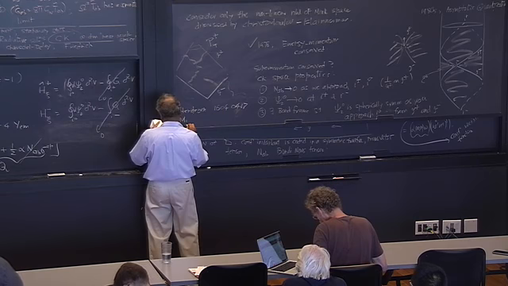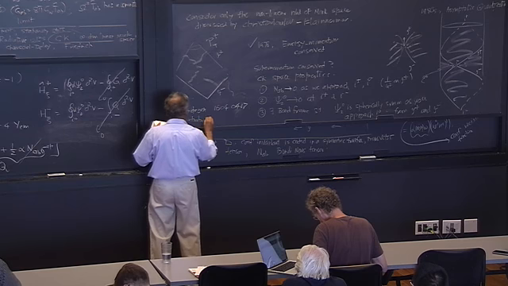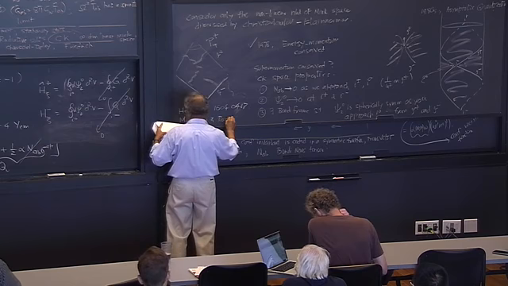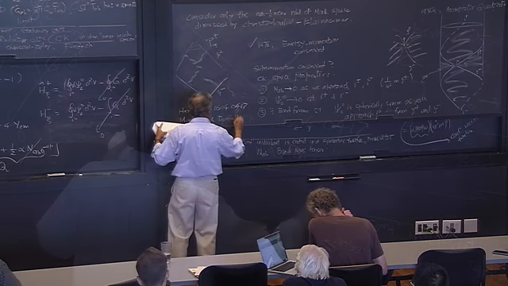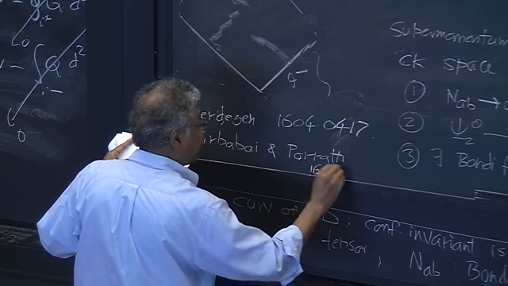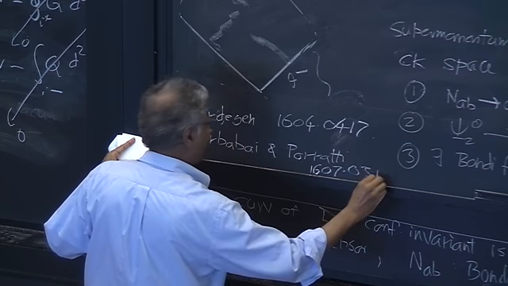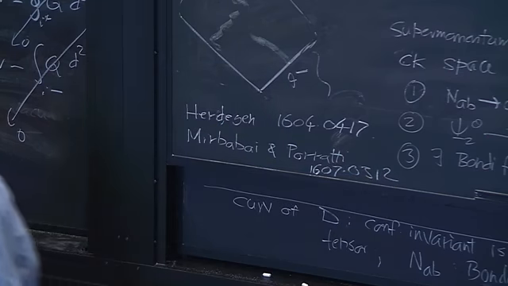This is Mirbabai, and this is 1607.0312, which point out that there are problems.